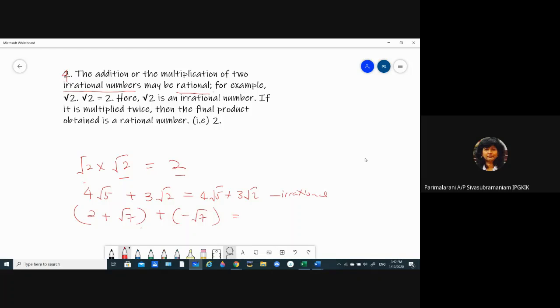When you add these, you get 2, which is a rational number. So when you add or multiply two irrational numbers, you may get a rational number. This is the fourth property.